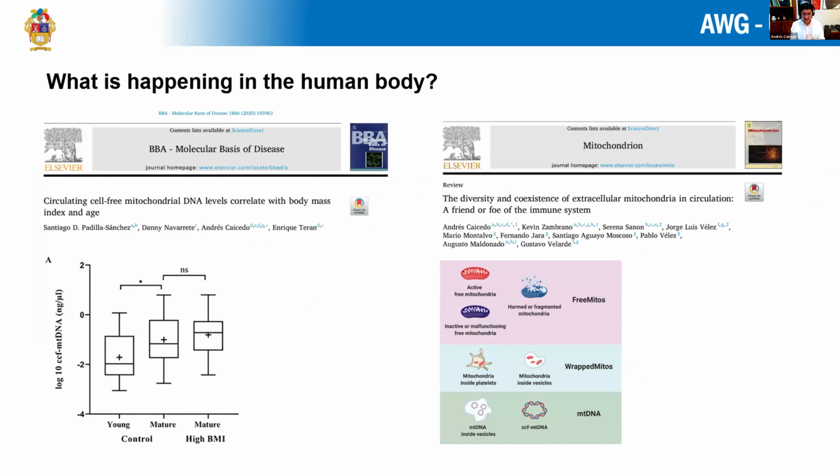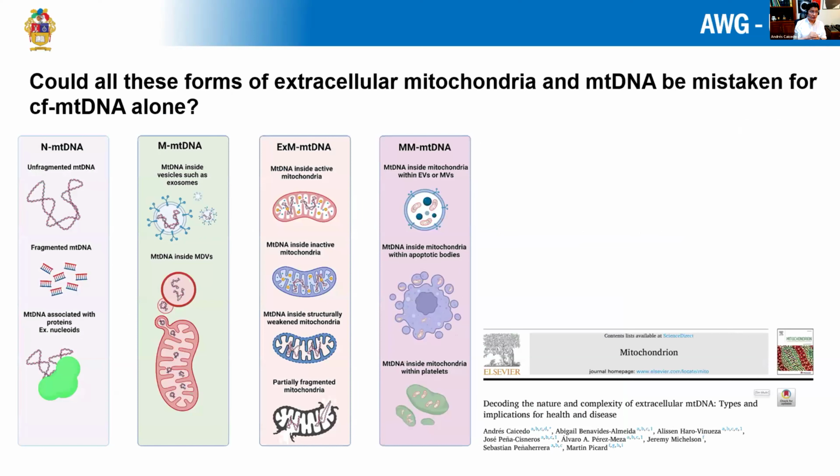However, the analysis of the cell-free mitochondrial DNA could be related more to the presence of different types of mitochondria that are carrying this cell-free mitochondrial DNA, and that is associated with different biological responses that need to be further understood.